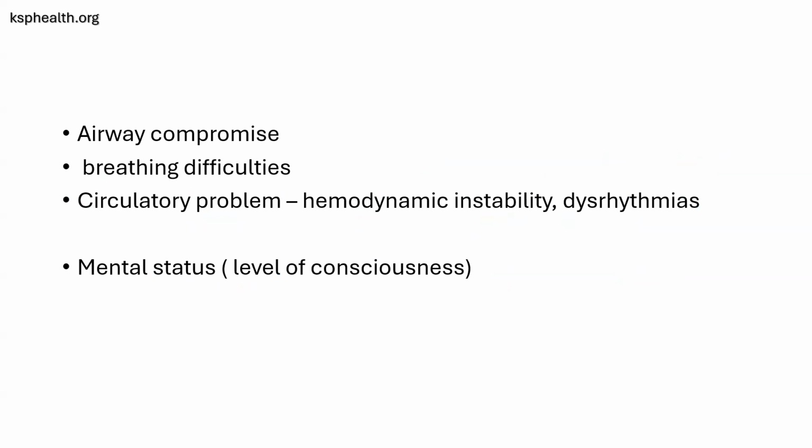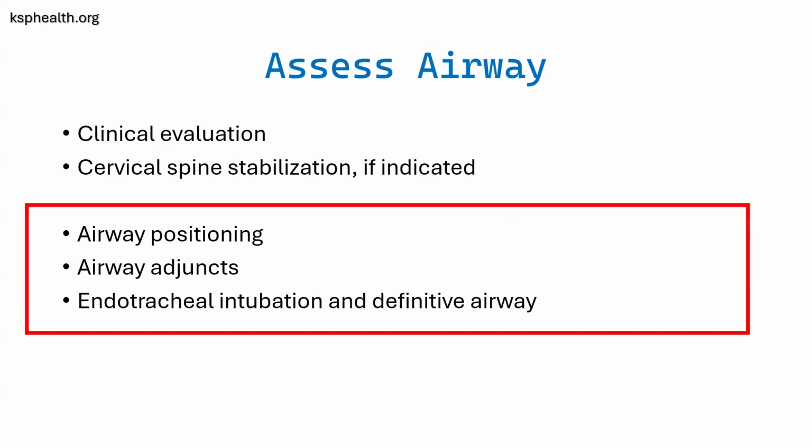The most important thing is to make sure there is no airway compromise, there is no breathing difficulty, and evaluate the circulatory system for hemodynamic instability and dysrhythmias. And of course, look at the mental status. These all four things need to be done immediately as the patient walks in or is brought in. Assess the airway.